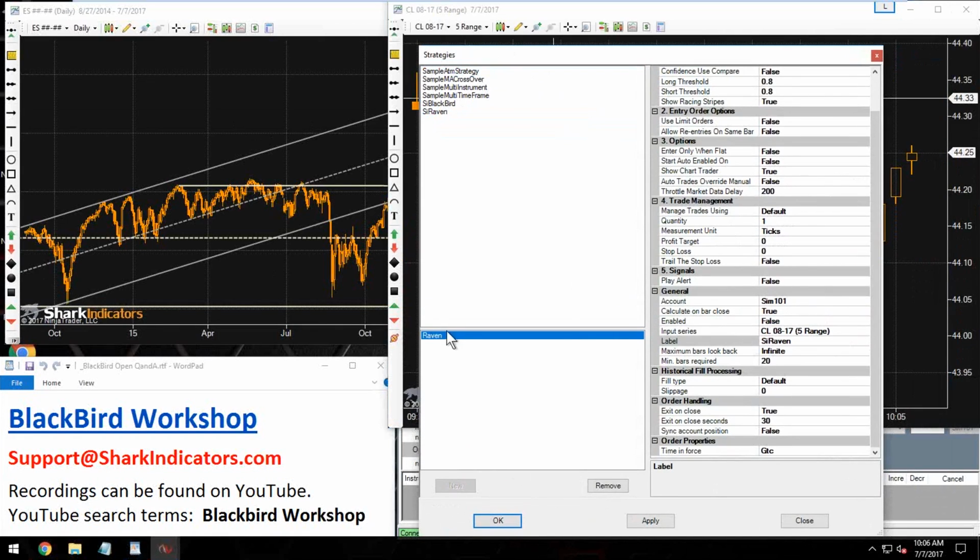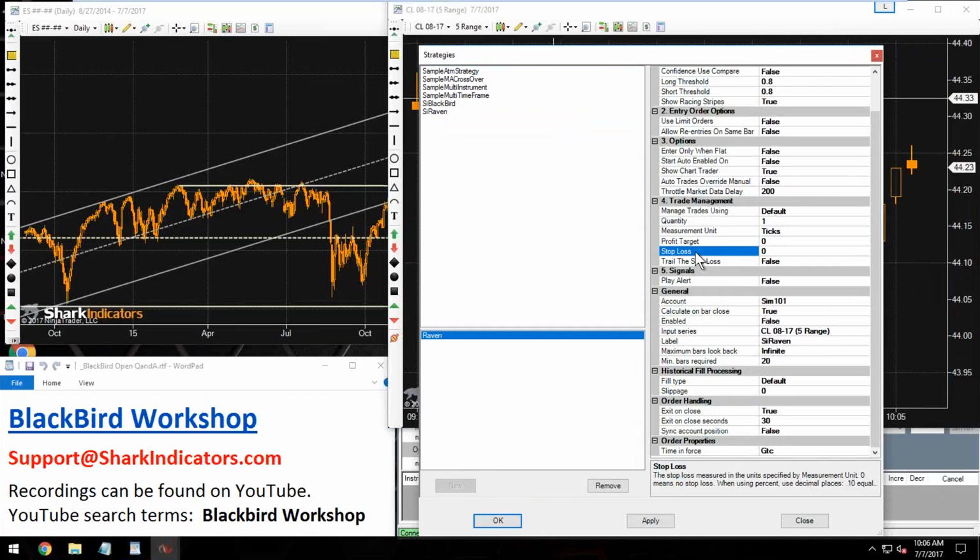Simply put, Raven is a free strategy that's included with Bloodhound that allows you to do some initial, very generic backtesting. However, Raven actually is suitable for some traders, and that's all they need. Now, the main limitation of Raven is that you can only submit one profit target and one stop loss.